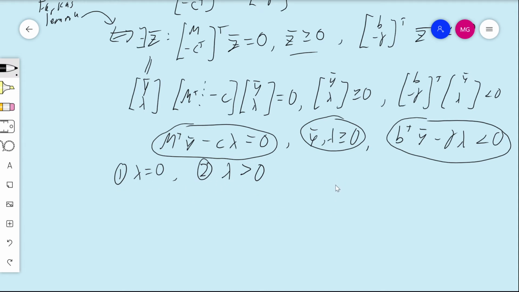So if we're in case 1, then lambda being equal to 0 simplifies all these constraints here, so we can reduce, and what we'll get is M transpose y bar is equal to 0, y bar is non-negative, and b transpose y bar is strictly negative. Now, it's kind of suggestive that we used the notation y bar here because y was the name of the variable.